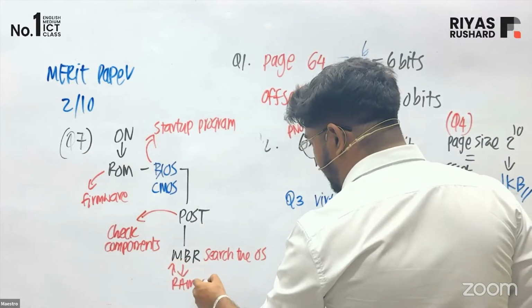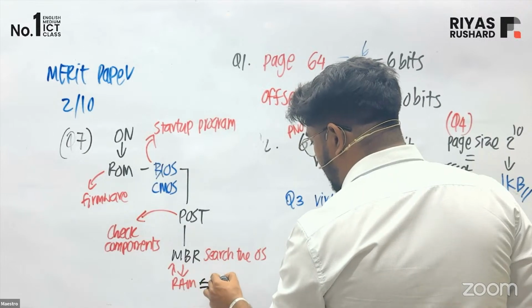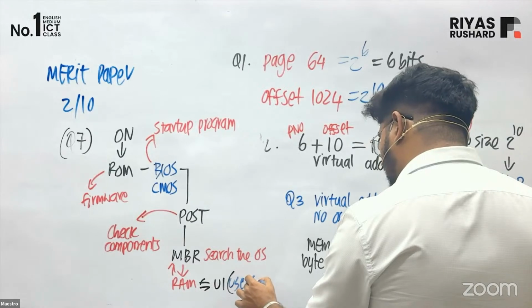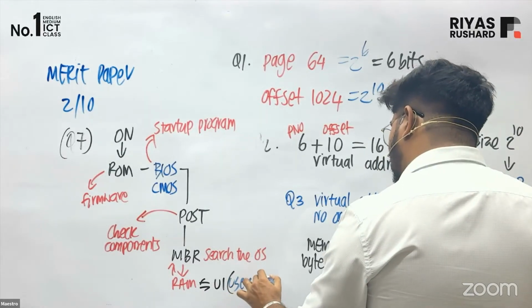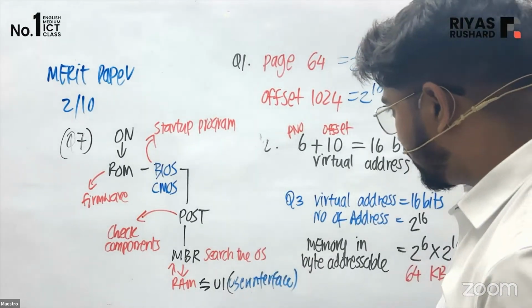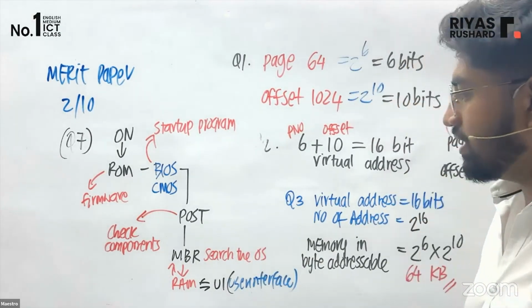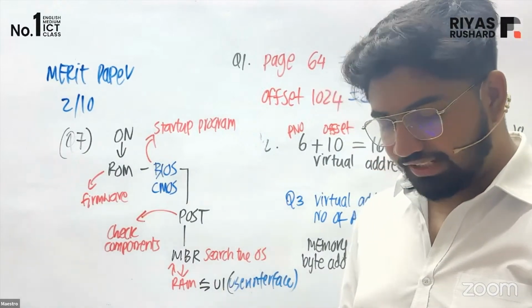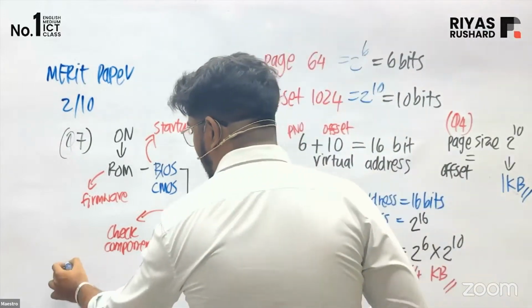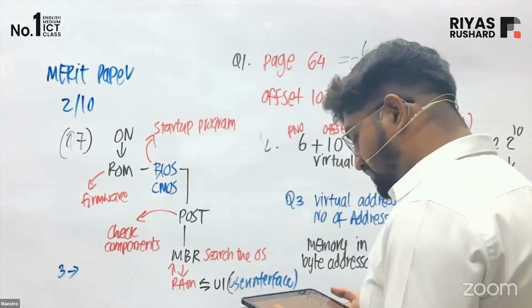Once it is in the RAM, you will have the UI, user interface. Good. Now, how do we number it? Number one, first thing is you have to turn on the computer. That's number 3.